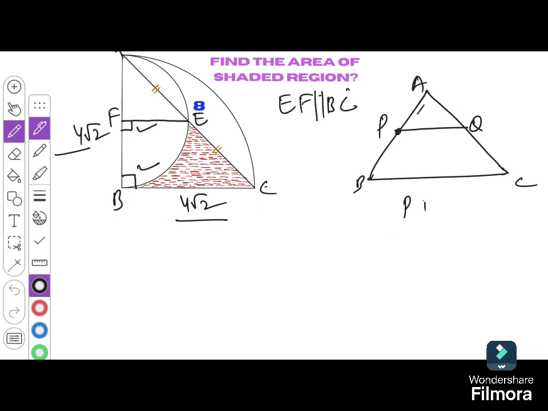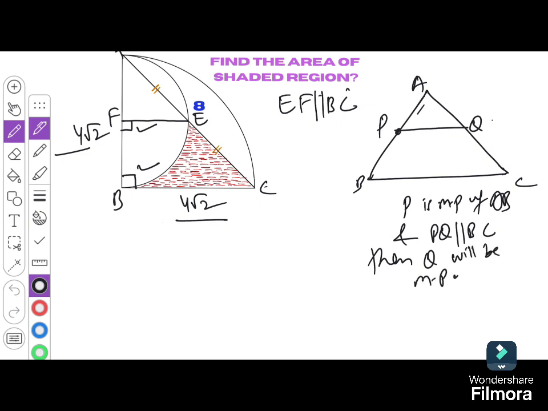First, P is midpoint of AB. Second, PQ is parallel to BC. Then Q will be midpoint of AC, and also the length of PQ will be half of BC.